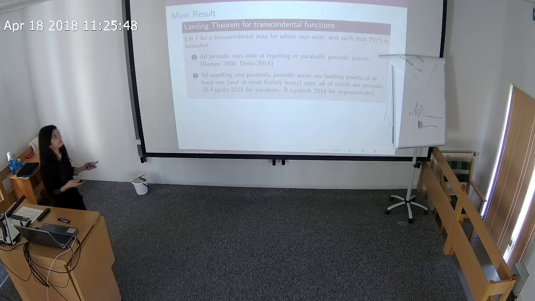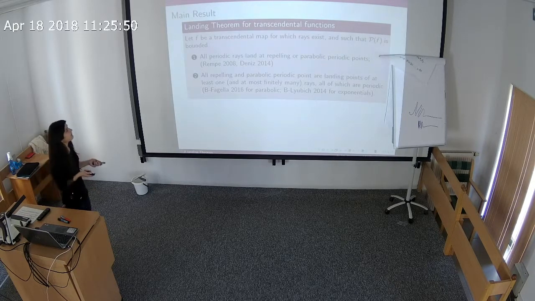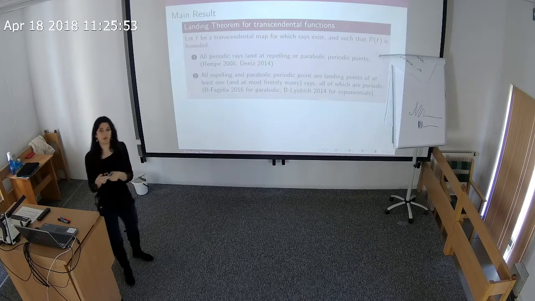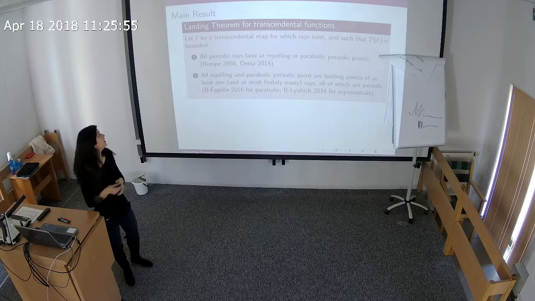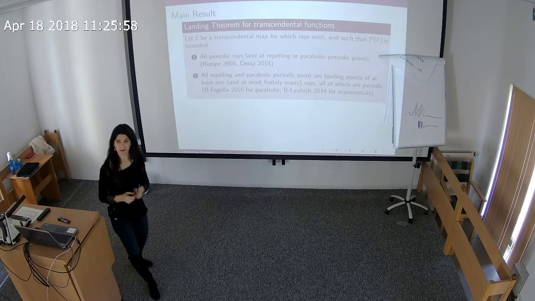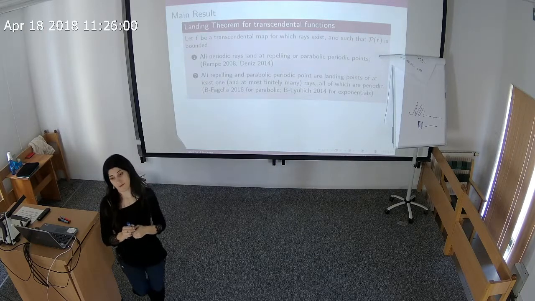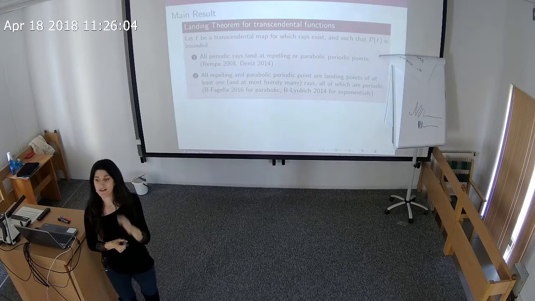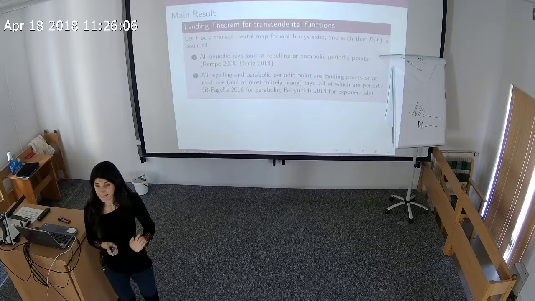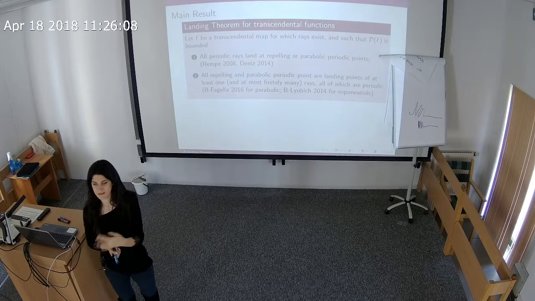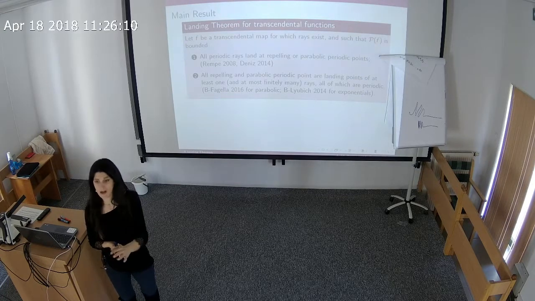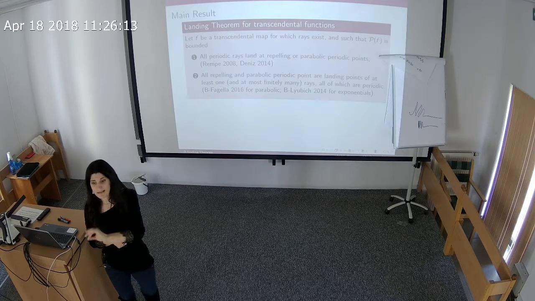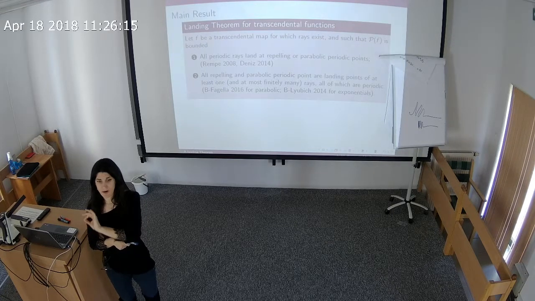So what is the theorem? The theorem is that if you take a transcendental map for which rays exist, so you need this geometric condition. Important: you don't always have curves. There are counterexamples. If you drop the geometric conditions which ensure the existence of these curves in the escaping set, you can find an example of transcendental entire functions, which are even hyperbolic, for which the path-connected components of the set of escaping points are points.